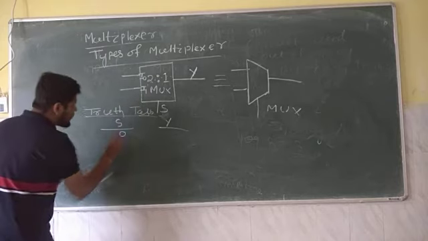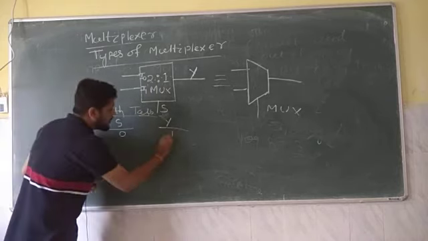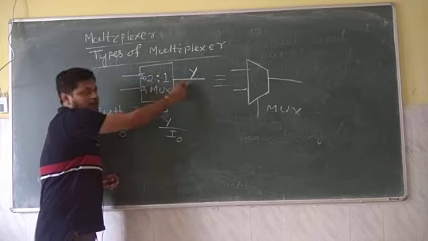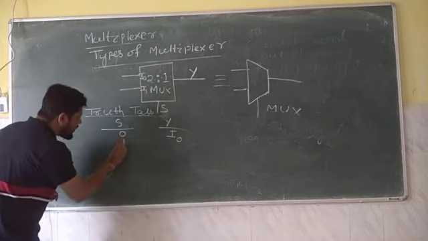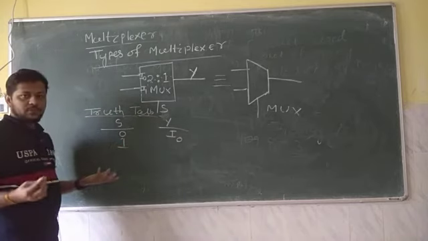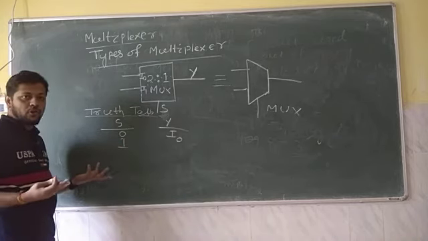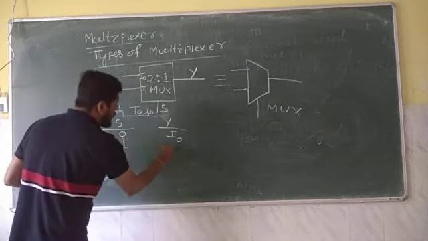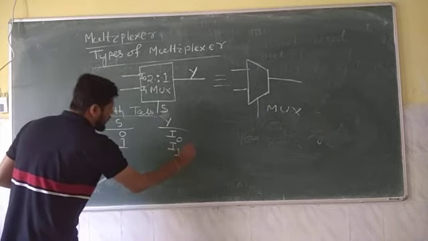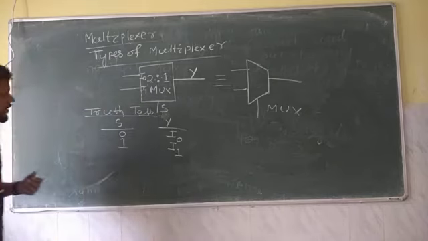When S is 0, Y is I0. That means when S is 0, I0 is connected with output Y, and at that time Y is equal to I0. When S is equal to 1, Y is connected to I1.